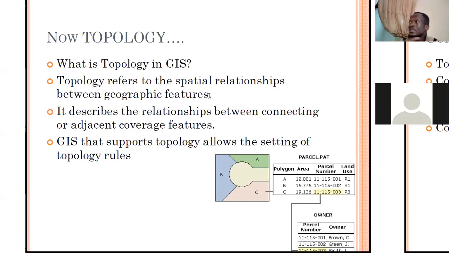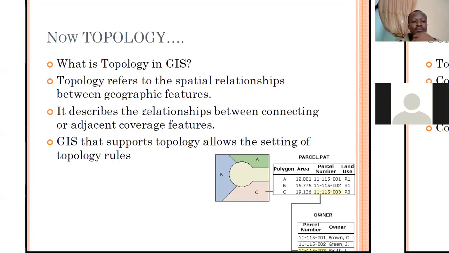In other words, someone is saying your boundary ends here, it ends there. These establish that there is a limitation to how far a geographic feature can go. Where your piece of land ends, someone's piece of land begins, and we always have that issue.